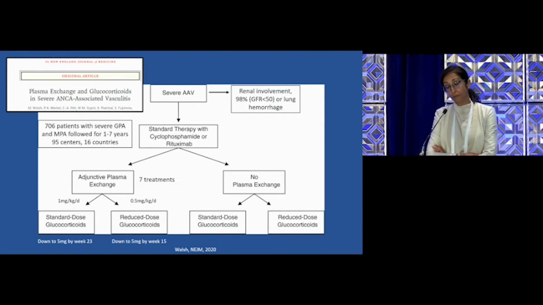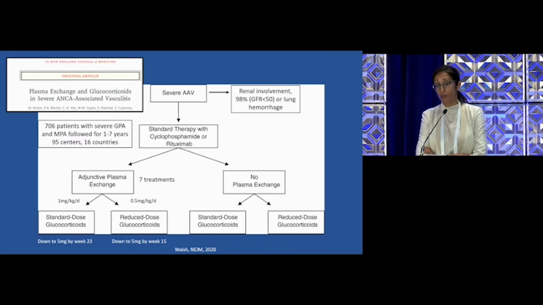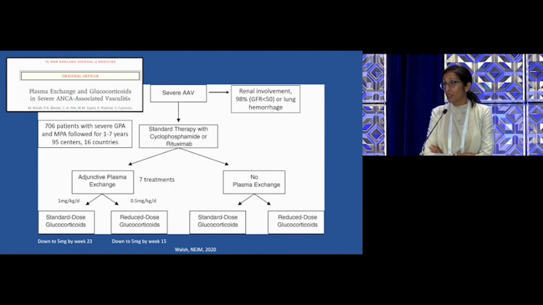So this trial was looking at really sick patients with severe ANCA vasculitis. So they had kidney involvement or bleeding in the lungs, and they were given their standard induction therapy, so either the rituximab or cyclophosphamide. This trial was primarily looking to see if plasma exchange is helpful in these really severe patients, but an important part of this was looking at the steroid dose.